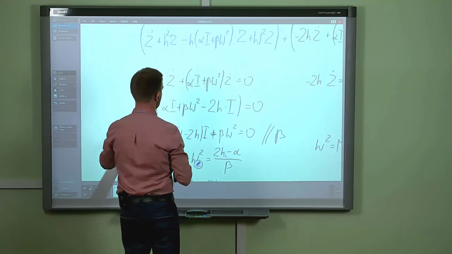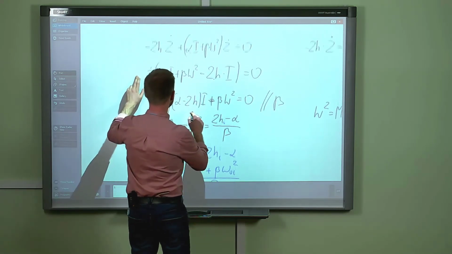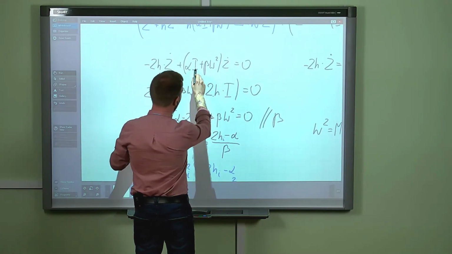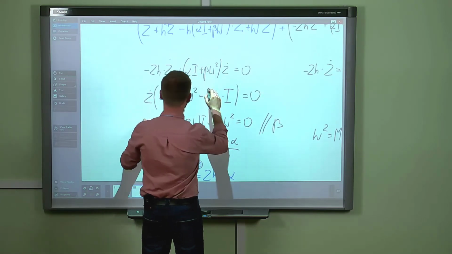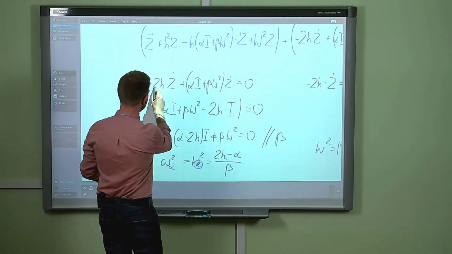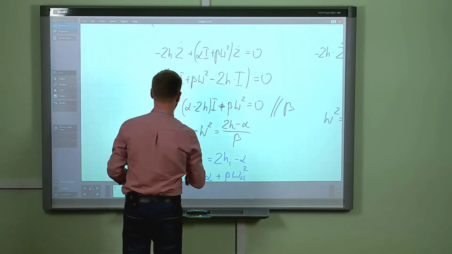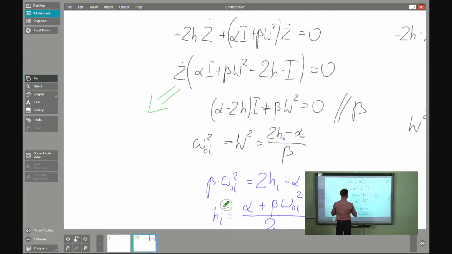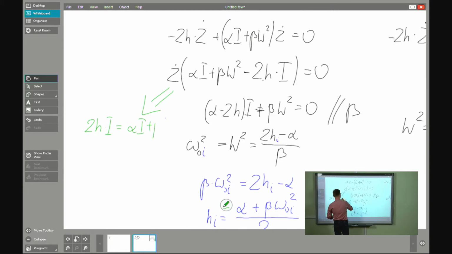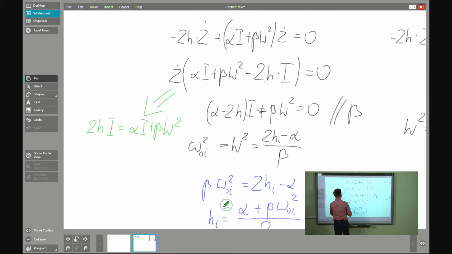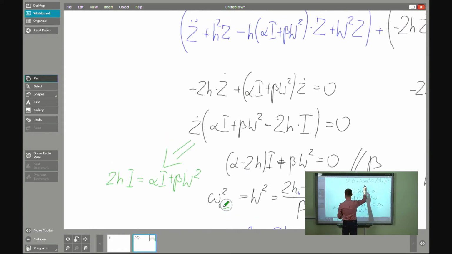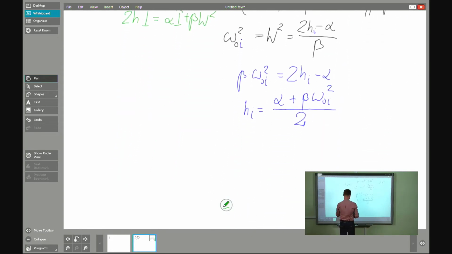Let's put something more, because due to that condition, we see that alpha I plus beta omega w square can be expressed as minus 2h times I, from that equation, from that part, we directly get that 2h times I is alpha I plus beta omega w square. Instead of that component we can put such a component.